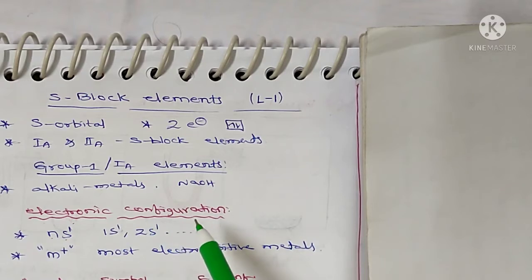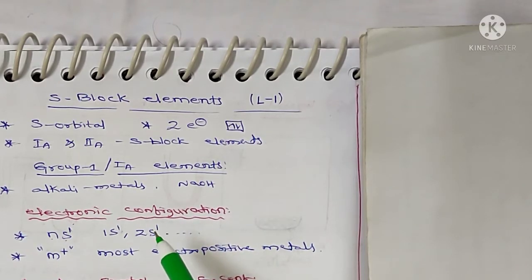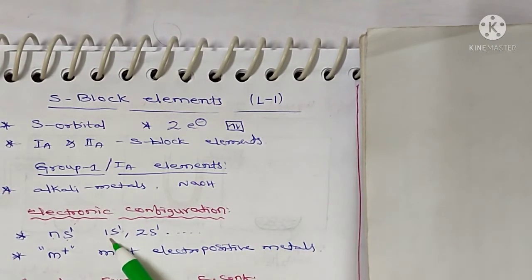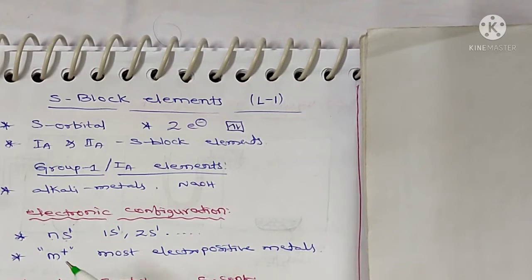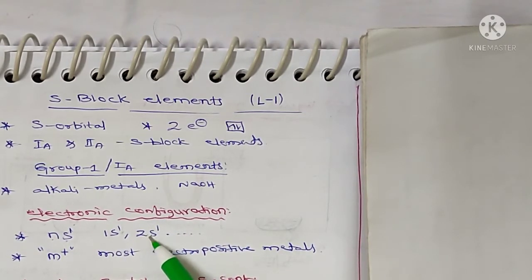We already discussed that hydrogen has similarities with the 1A group and the 7A group. If hydrogen is placed in the 1A group, then its outermost electronic configuration is 1s1, and for the next element lithium, it is 2s1.